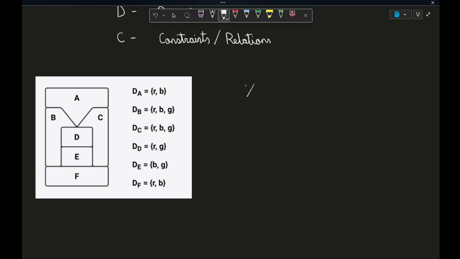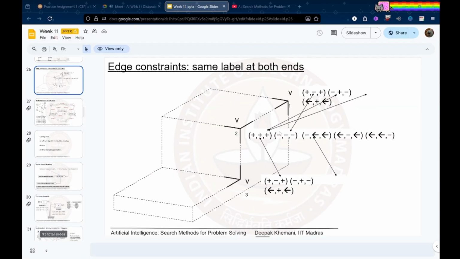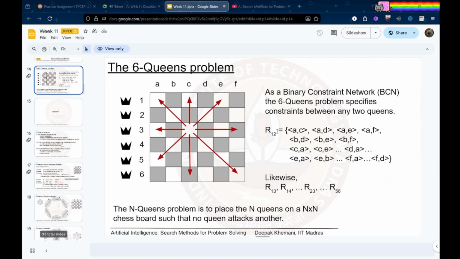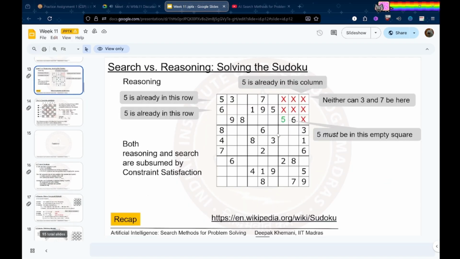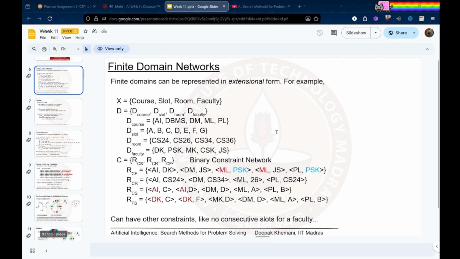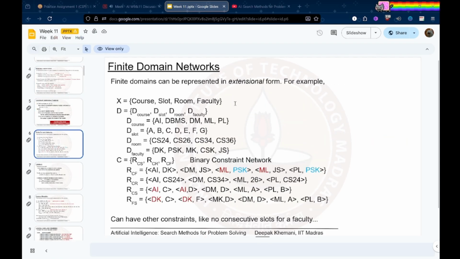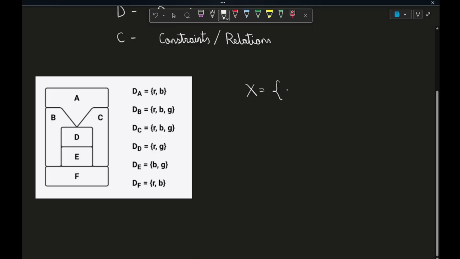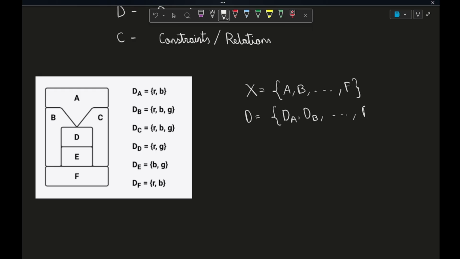Okay, so X, we write it as a set, right? Let me just check this again. Constraint satisfaction. Yeah, so we write this as a set. So here our variables are A, B, dot dot dot till F. Correct? The domains for each variable are D_A, D_B, dot dot dot D_F.